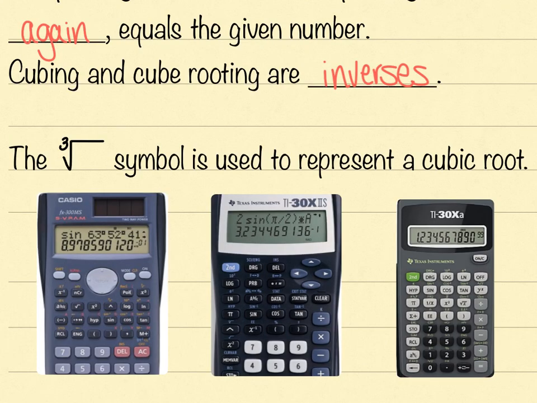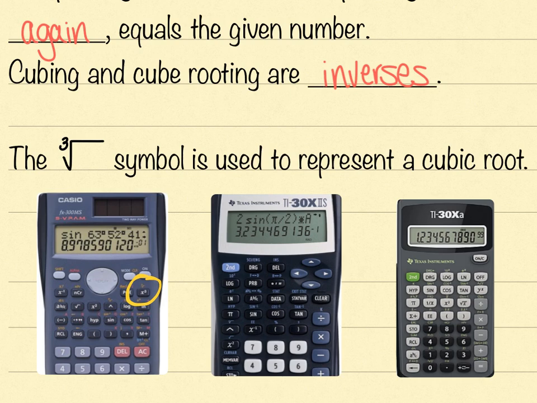All right, so when we're using the cube root symbol on our calculators, I have 3 pretty popular calculators here. You might recognize one of them that you might have. The first one is a Casio, and there's a couple different ways you can do it on a Casio. The easiest way is using this button right here that I'm circling. You can see it's the cube button.